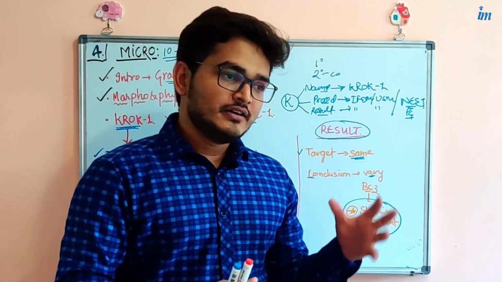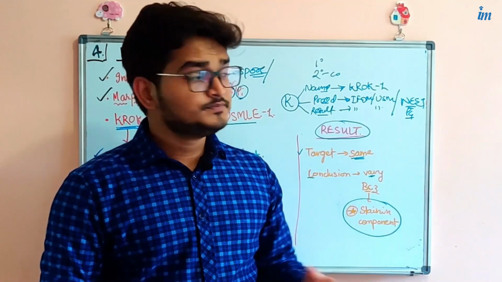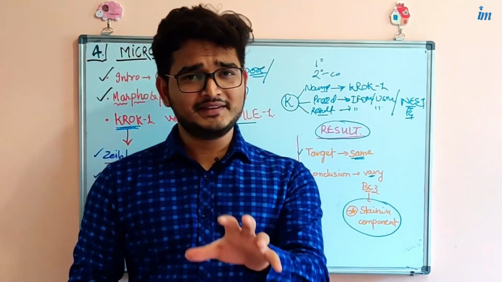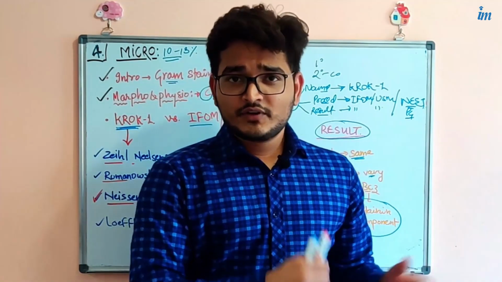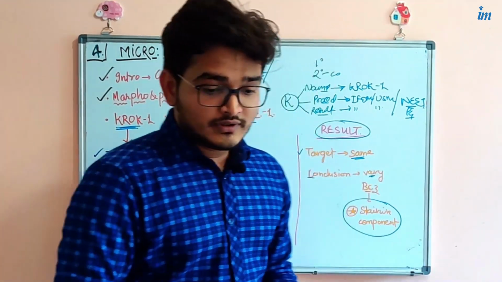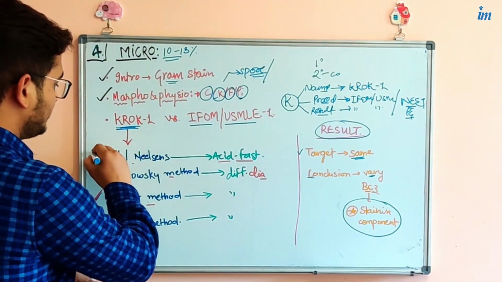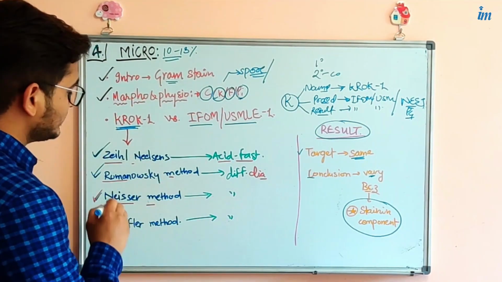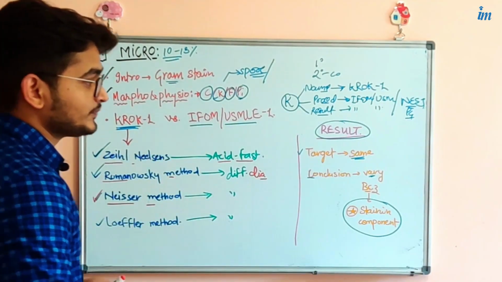There I will also mention the differential diagnosis according to the Kaplan notes. Here I am giving you the basic example from which you can solve the Croc question. Let's see them one by one, so that you can know the next step about this staining process.